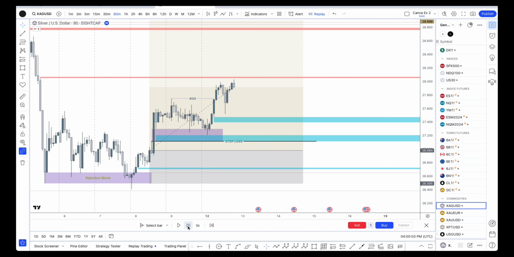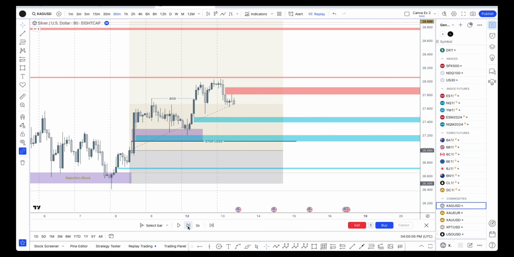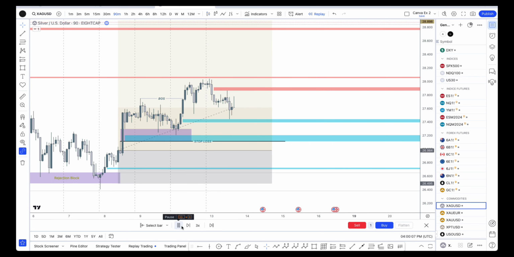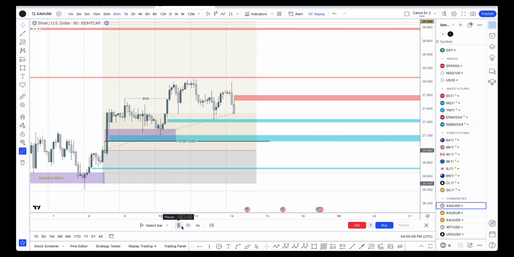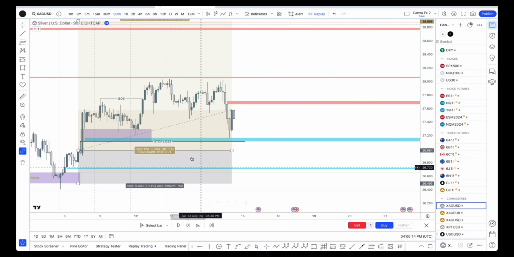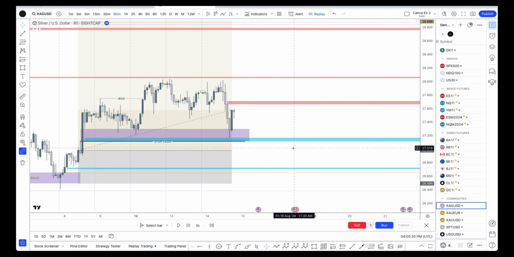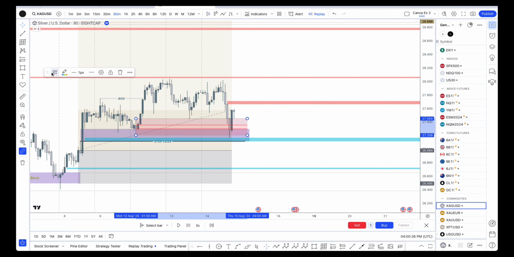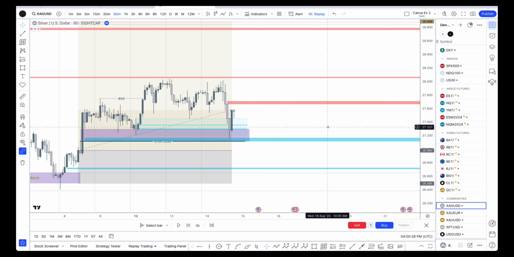So what we do, we let price play out. We let it play. Okay, looks like it already ate some fair value gaps. Now notice it ate this fair value gap, came back down. What did it do? Tap back into this one and tapped into this one right here.